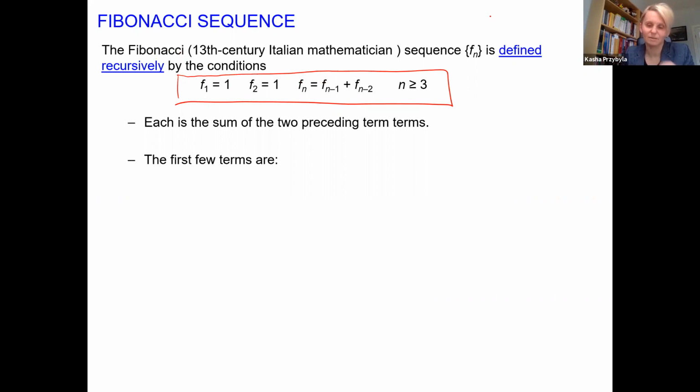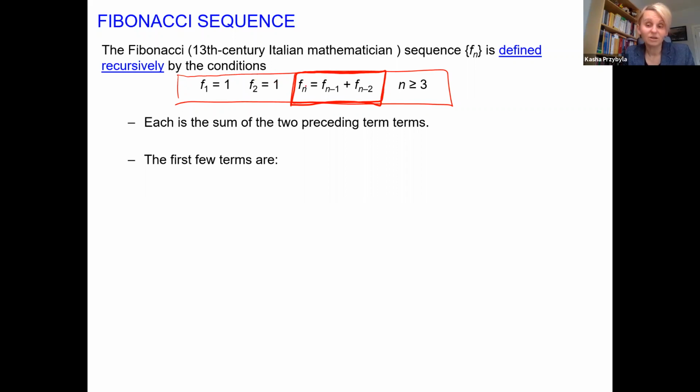The main formula is here. But with a recursive definition, we always have to have some initial information. We know the first term and the second term are 1, 1, and then based on this, we can create the next terms.